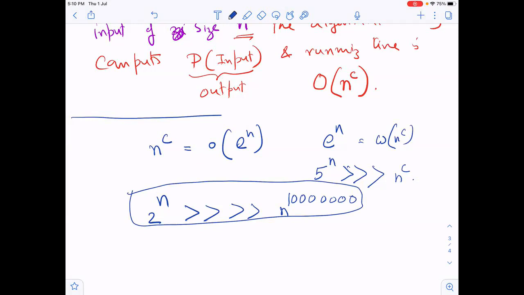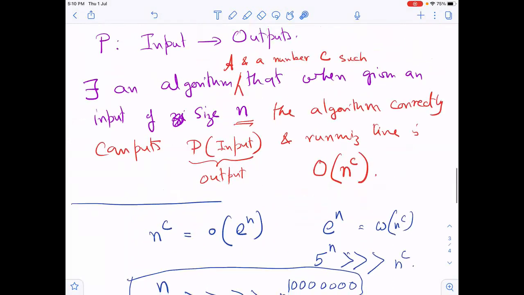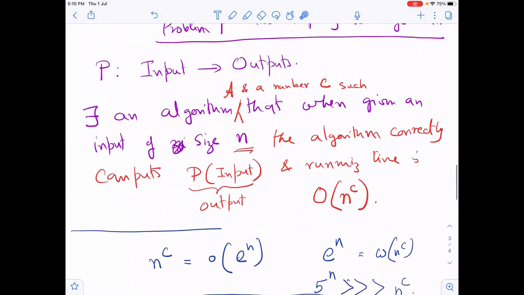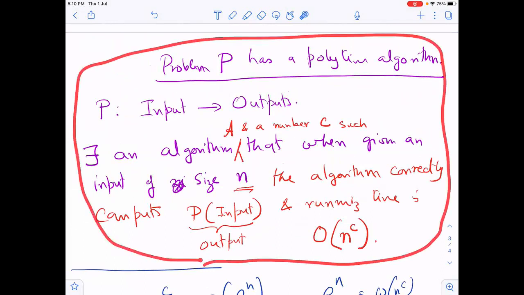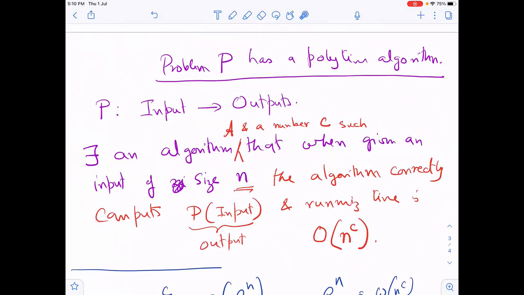This is not true for small n's, but if you think of n going to infinity, then at some point this quantity will be way more than this quantity. And this is what is meant by polynomial. When we say that a problem can be done in polynomial time, this is what is meant.